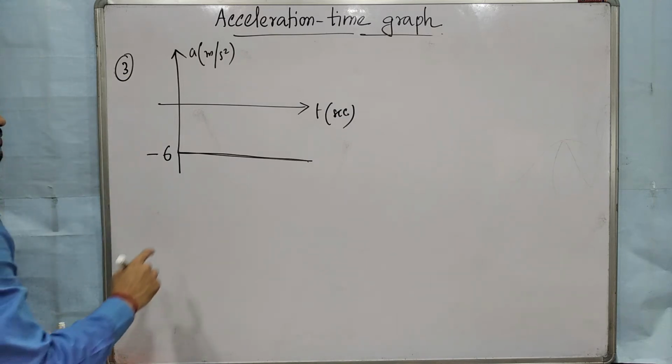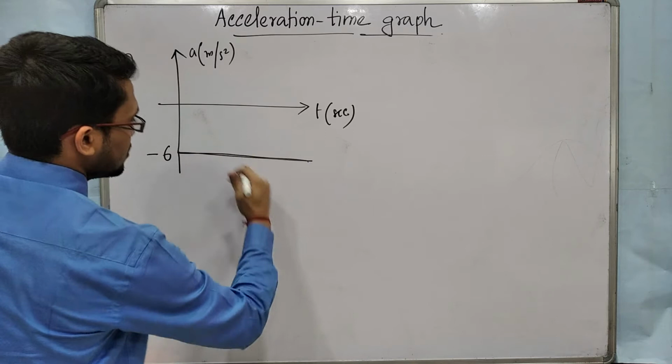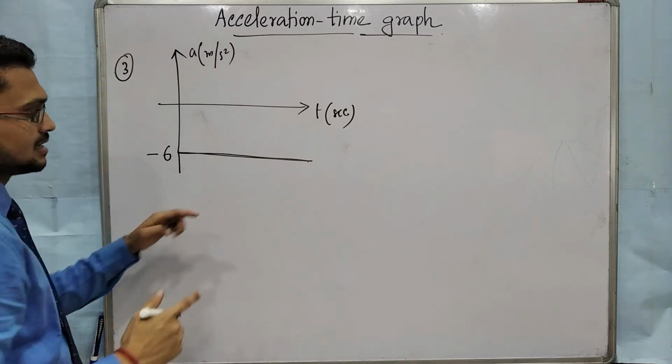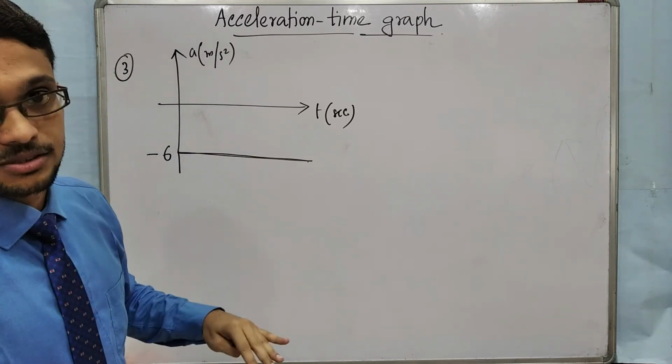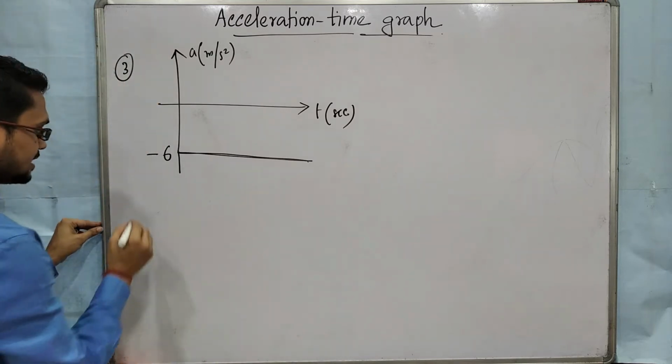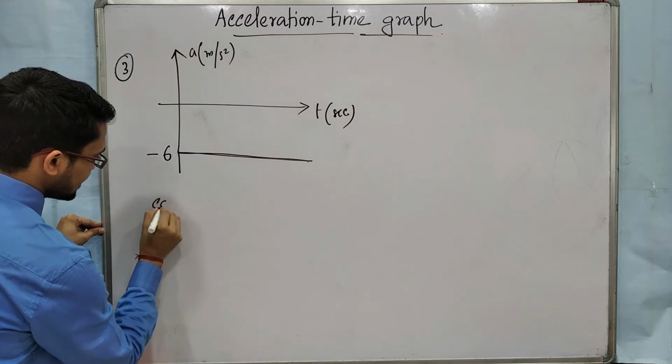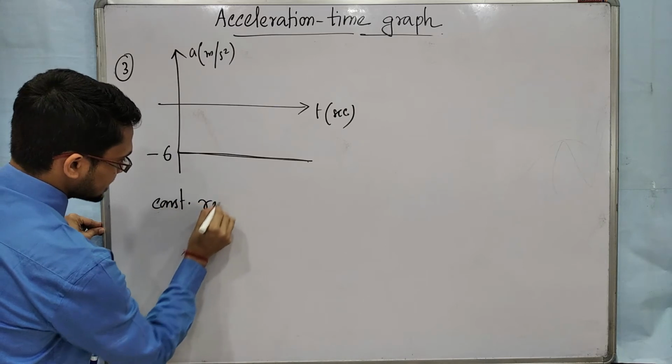Clear? So here the curve is below the time axis. In the second case, the curve was above the time axis, so it was accelerated motion. Here it will be constant retardation.